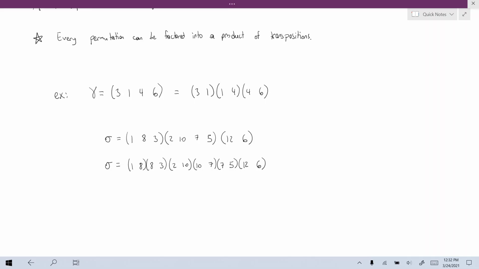Now, although the factorization into transpositions is not unique, there is something that you can say about the factorization still.